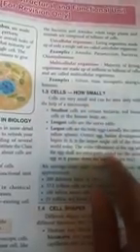Then 100 billion nerve cells in the brain cortex. 25 trillion red blood cells are there. That is given for information only. That will not be asked in the examination, but this point you can expect: smallest cell bacteria, longest cell nerve cell. Such questions will be asked in the examination.